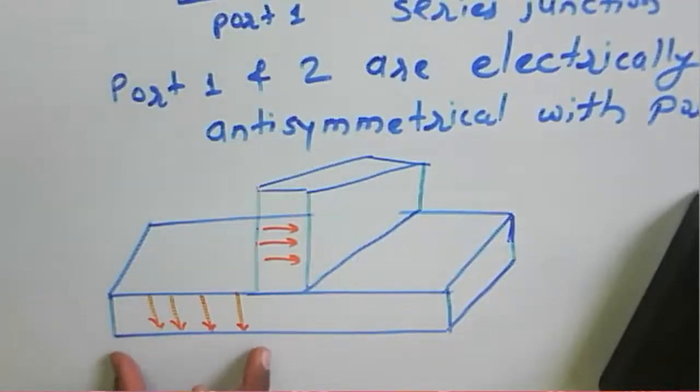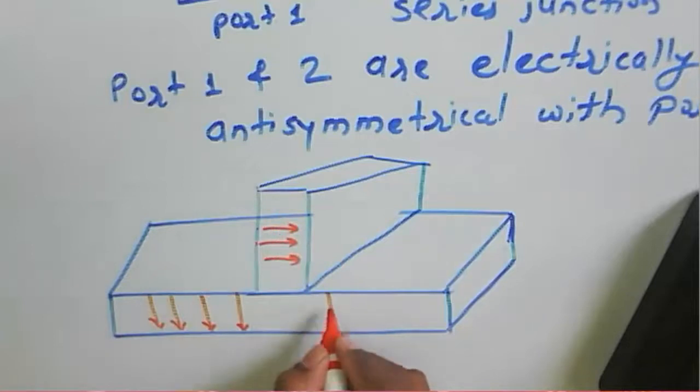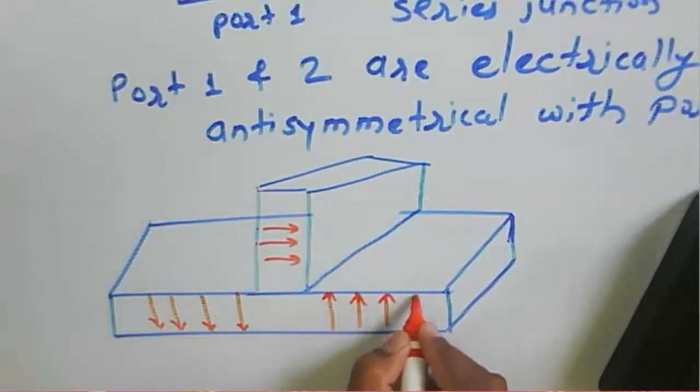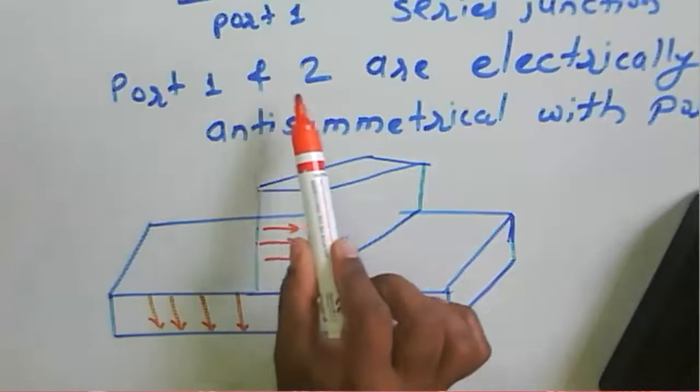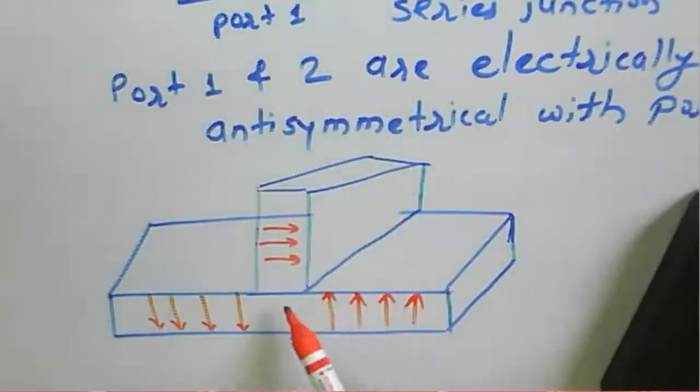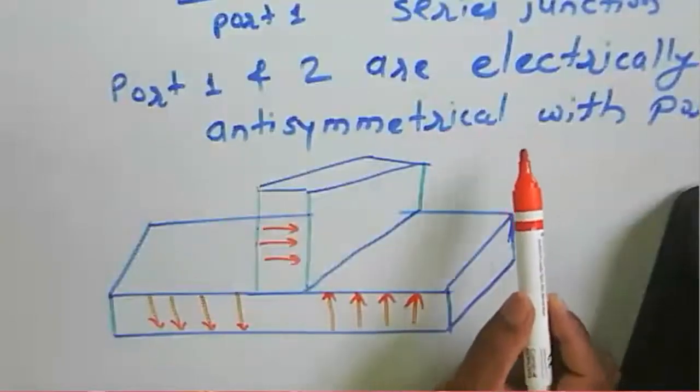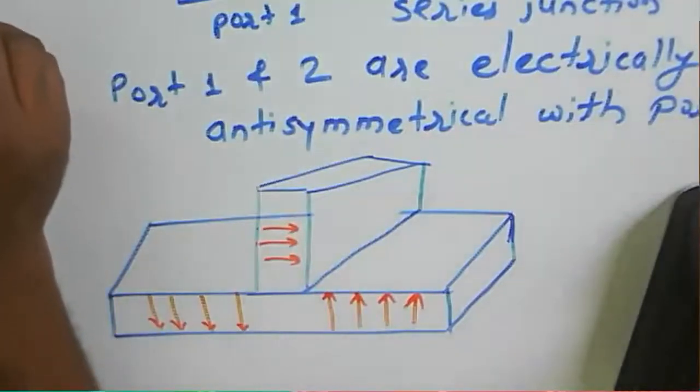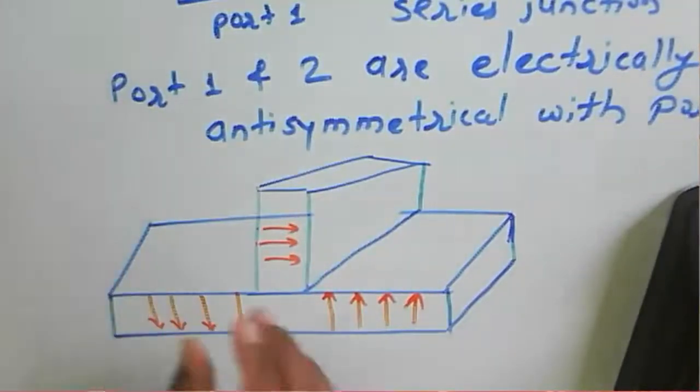In one port the direction of the field components will be one way, and in the other port it will be the opposite. As we say, port 1 and port 2 are electrically antisymmetrical, but the magnitude is the same. It is antisymmetrical.